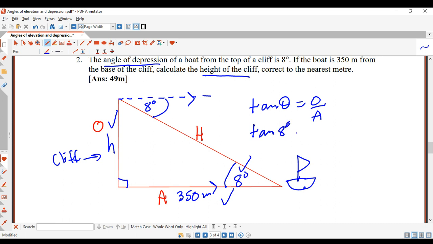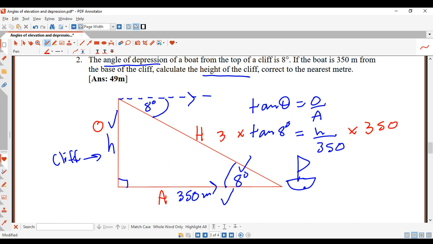Tan 8 degrees equals the opposite side, which is H over 350. Then you multiply both sides by 350 to get H by itself.